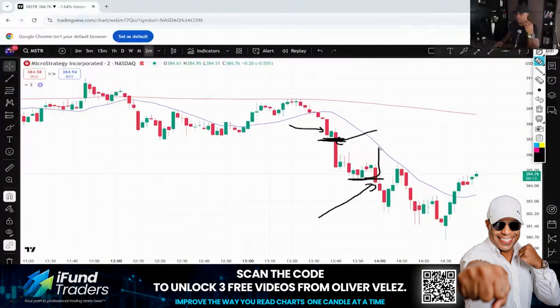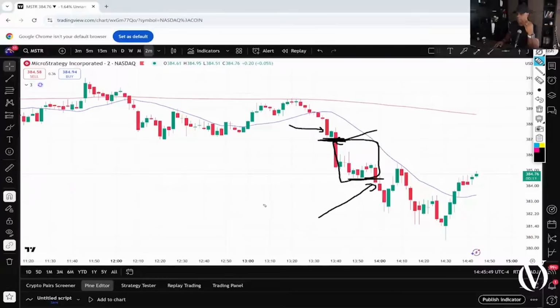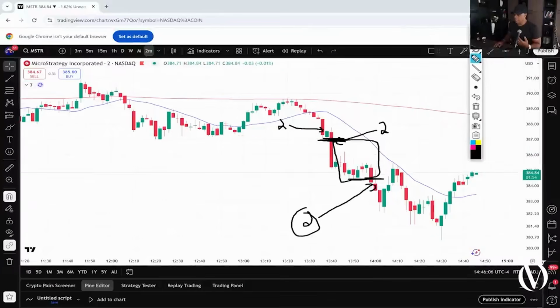Look at the difference. Look at the profit I gave up by entering that late. Instead of my second entry there, my second entry on Heikin is here. I want you to see the huge difference in price here.